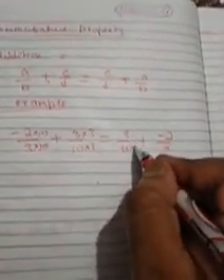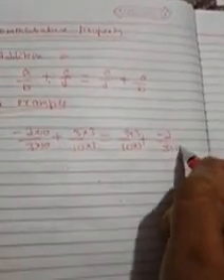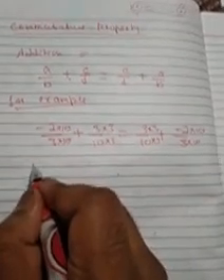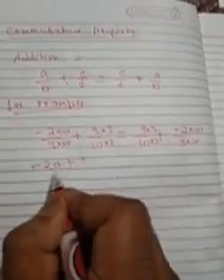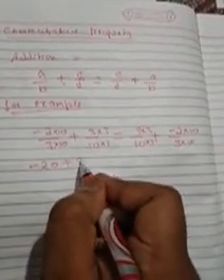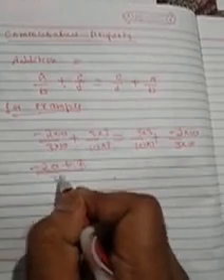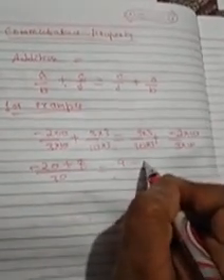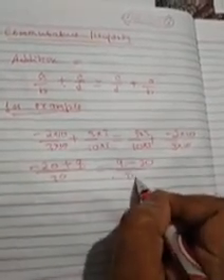It will become minus 2 into 10, minus 20, plus 9 upon 30. On the other side, 3 into 3 is 9, minus 2 into 10, 20 upon 30.